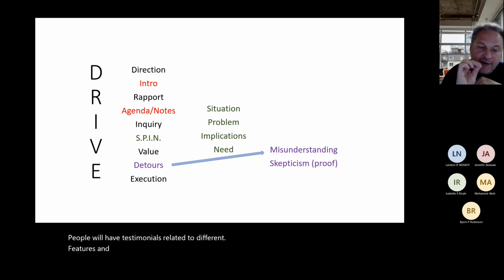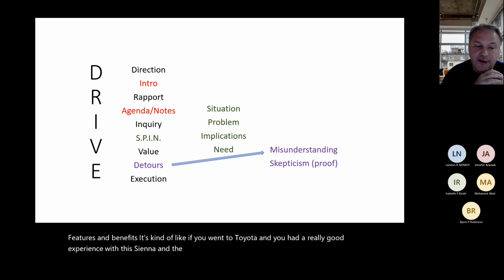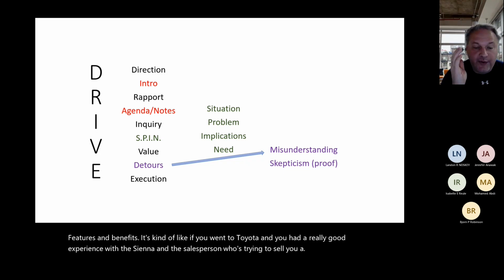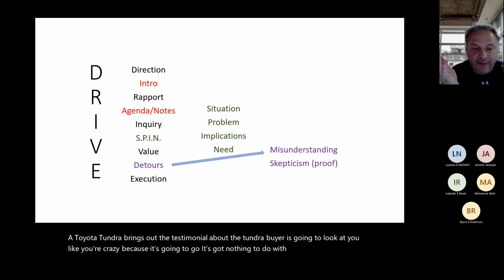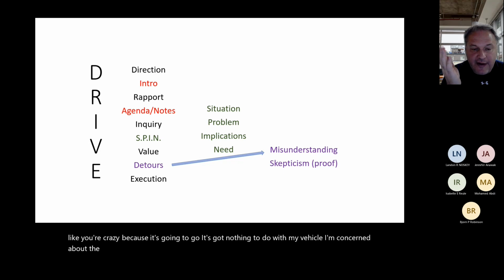It's kind of like if you went to Toyota and you had a really good experience with a Sienna, and the salesperson who's trying to sell you a Toyota Tundra brings out the testimonial about the Sienna, the Tundra buyer is going to look at you like you're crazy because it's going to go, well, it's got nothing to do with my vehicle. I'm concerned about the box room, and the Sienna doesn't have a box.